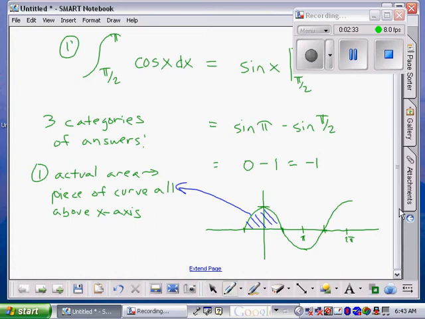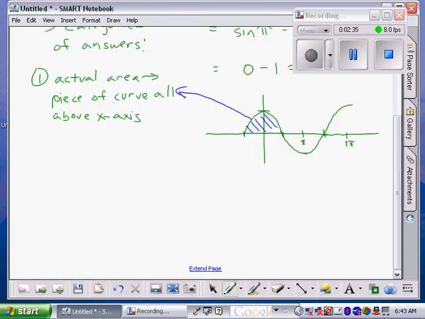The second type that you can come up with is the opposite of the area. And that's when the whole piece of the curve is all below the x-axis. Which is what we have here.